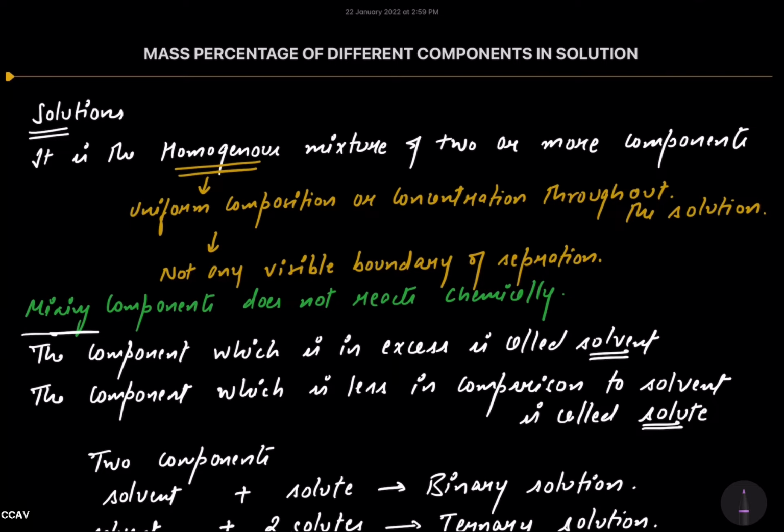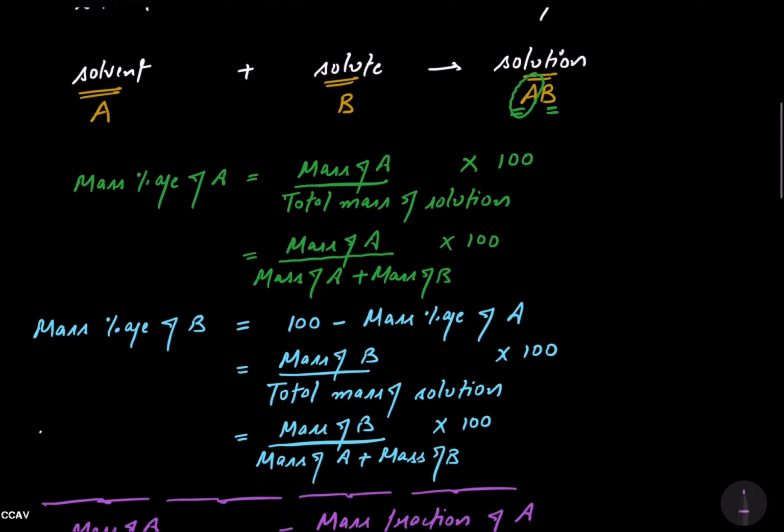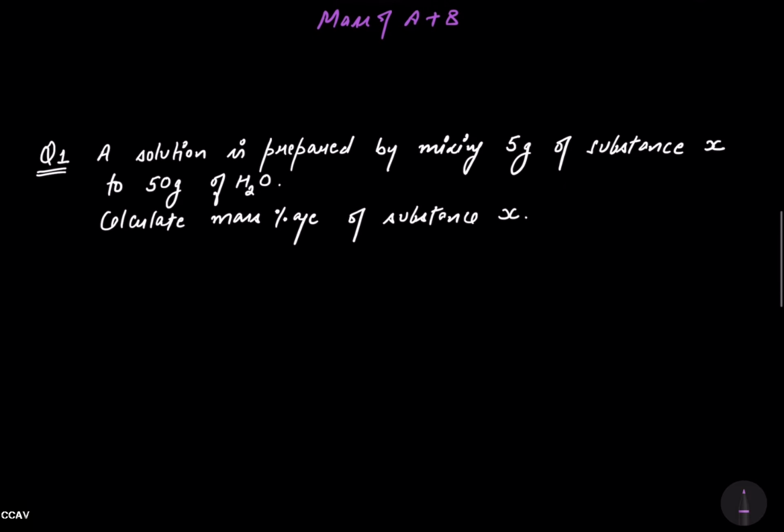Firstly, I introduced what solutions are. After that, I gave the formula for how to evaluate the mass percentage of A or B in this solution. So now I'm going to solve some numericals for you.